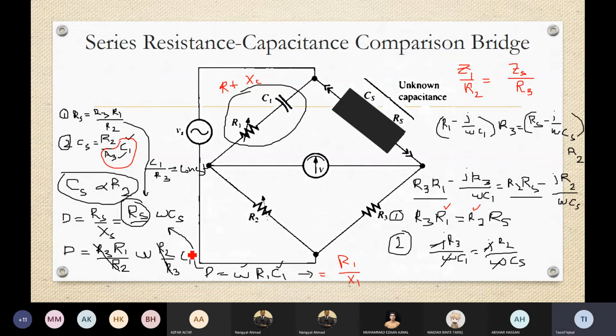So we don't need to find out or derive this. We can directly say that the dissipation factor of the unknown capacitance must equal the dissipation factor of R1 and the reactance of C1.